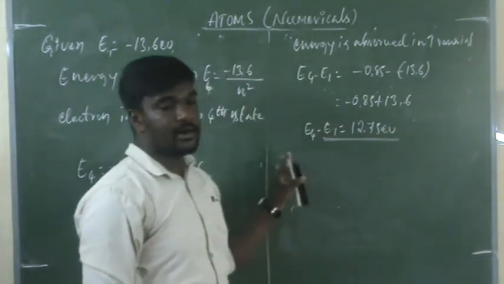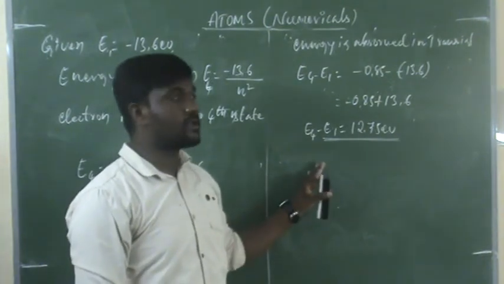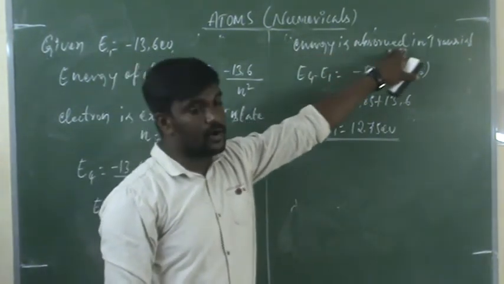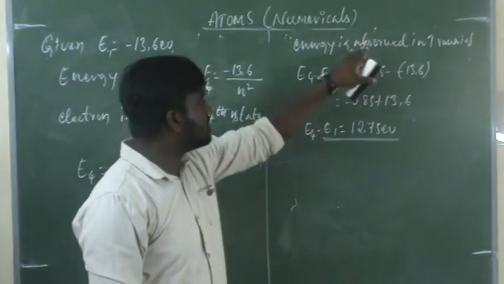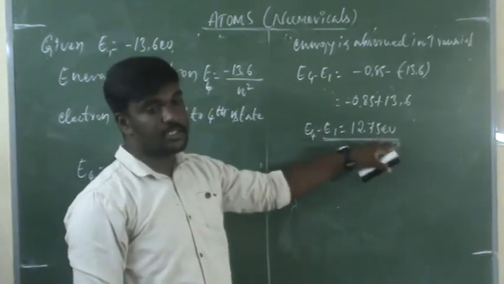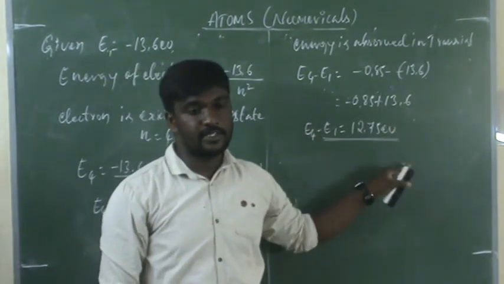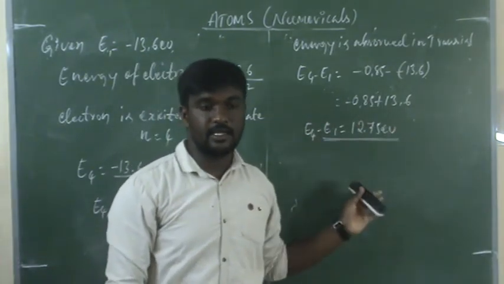When the electron makes a transition from the ground state to the fourth orbit, this much energy is absorbed. Only when this much energy is available does it get excited from the ground state to the fourth state.